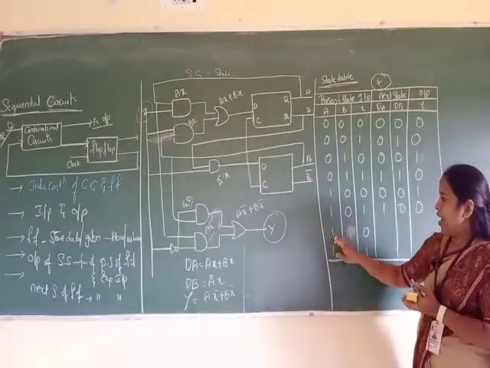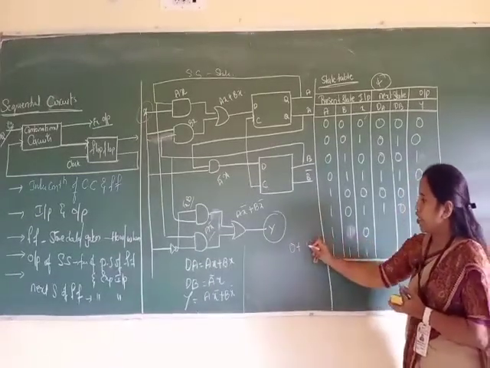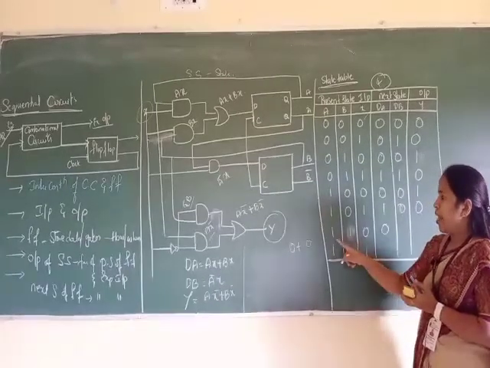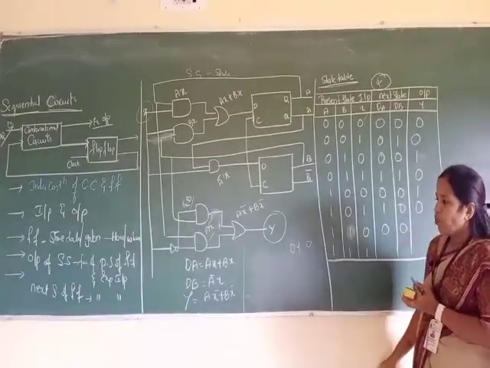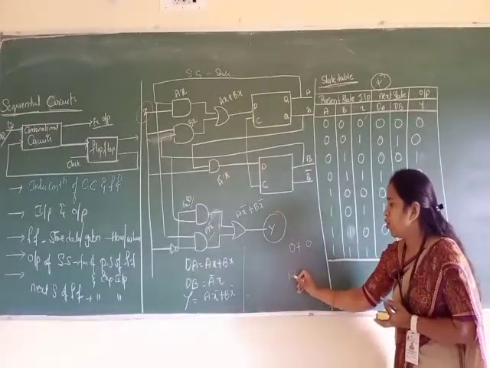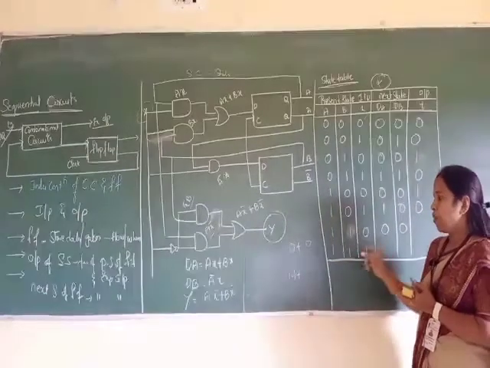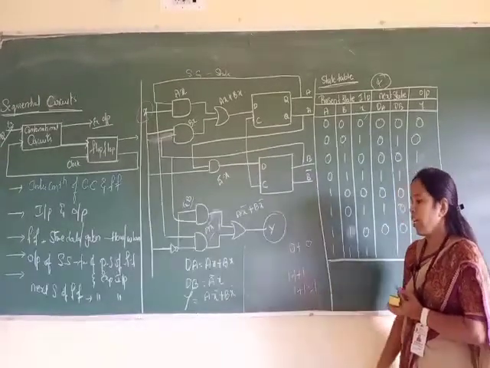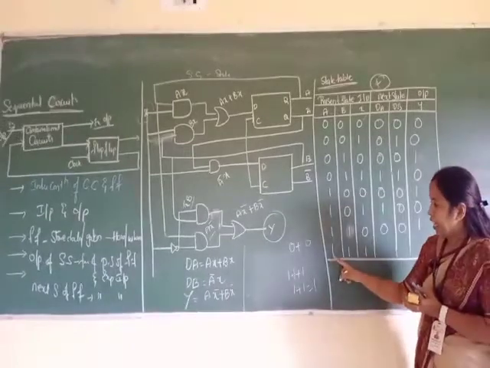AX 0 plus BX 0. What you are getting? DA 0. A bar X, DB. A bar is 0. 0 into 0, 0. Next one is AX bar. AX bar is 1 into 1 plus BX bar. B is 1. X bar is 1. Right? So 1 plus 1, OR operation, you will get 1 only. So you are getting 1 here.